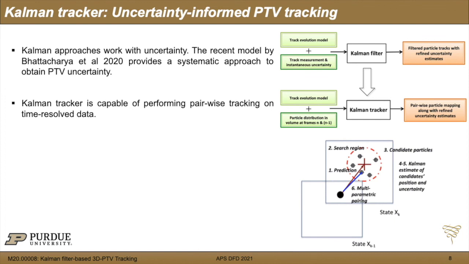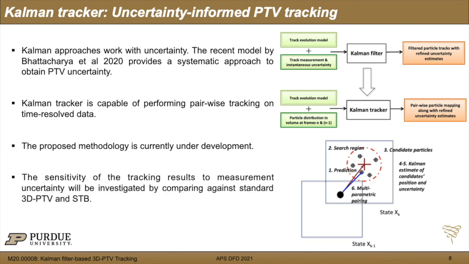The proposed tracker methodology performs pairwise tracking on time-resolved data, making it a hybrid approach between 3D PTV and Shake the Box. The proposed methodology is currently under development. The performance studies on synthetic datasets generated at different noise levels would be the first step in investigating the sensitivity of the tracking results to measurement uncertainty.